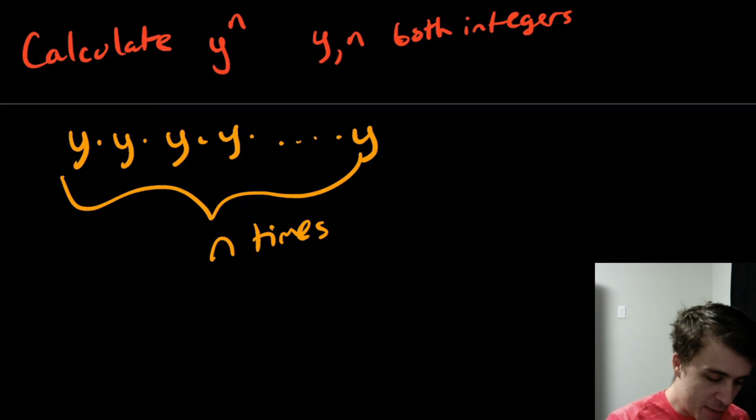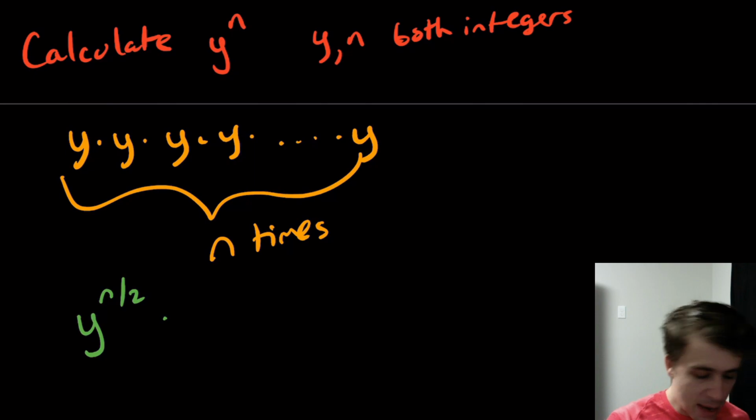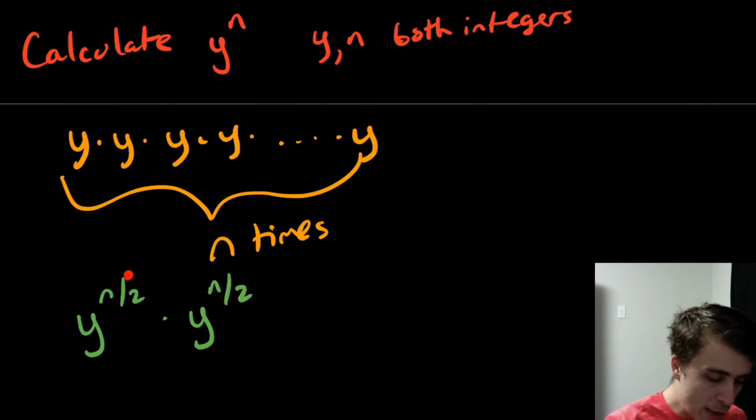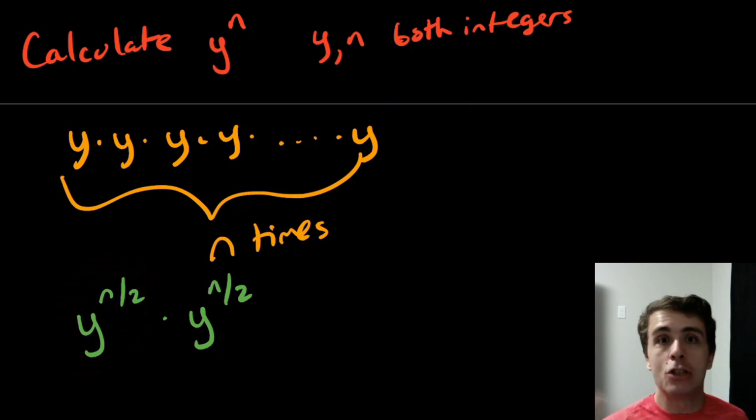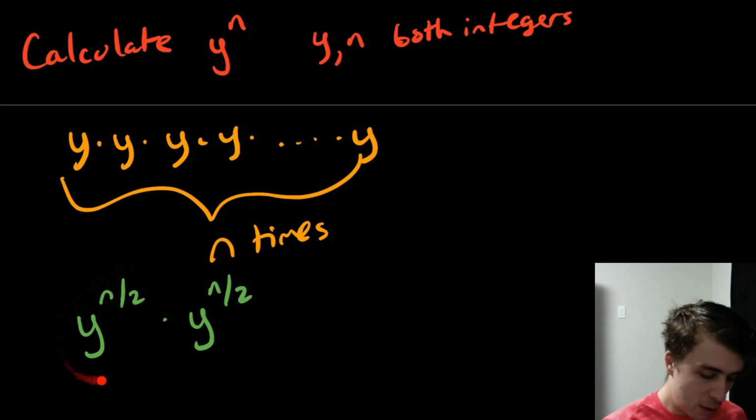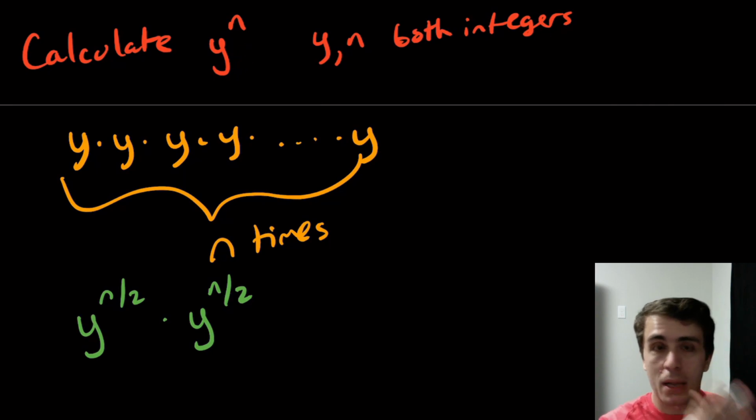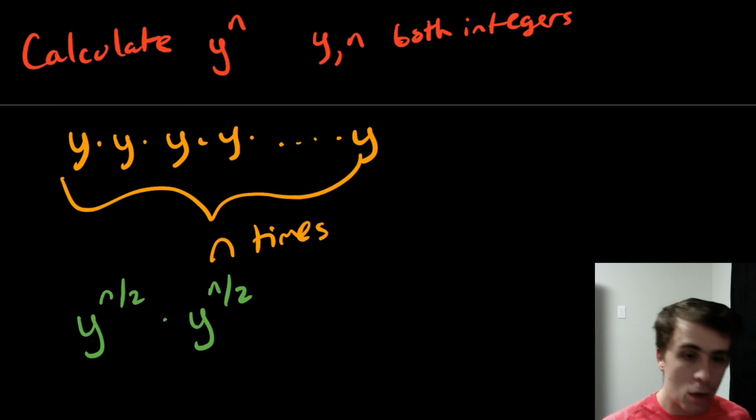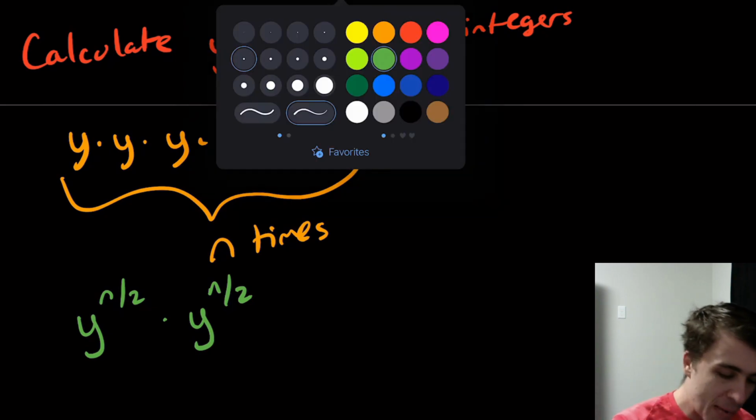Namely, if I figure out y to the n over 2, then I can just square this number, because in order to get y to the n, it's just multiplying this exponent by 2. So what we can do is something called repeated squaring.